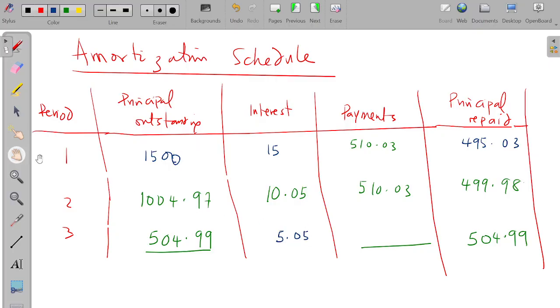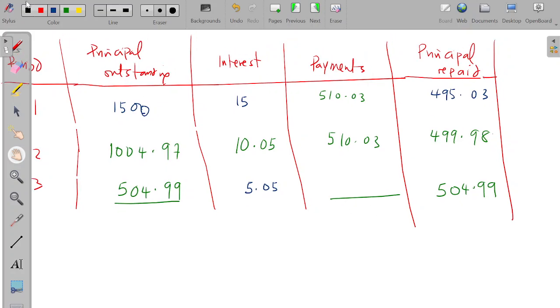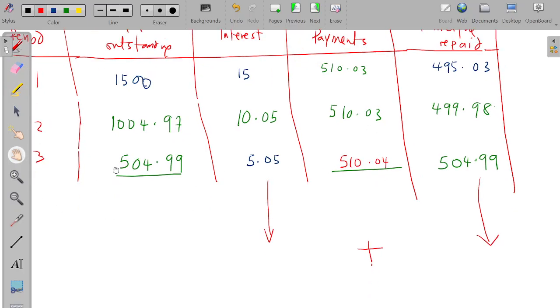To get the payment for this one, you must add this one with this one, and you add that together, and that will give us a slightly different amount. You see, this has a different decimal from the others. In most cases, the last one has a different decimal than the other ones. So that is our amortization table.